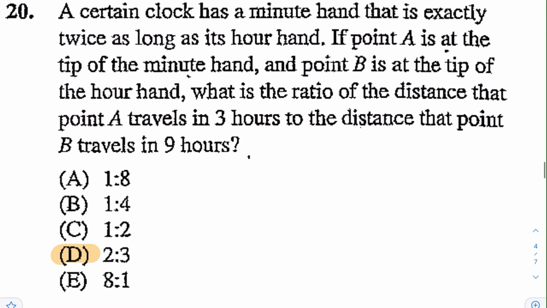Next for number 20. A certain clock has a minute hand that is exactly twice as long as its hour hand. If point A is at the tip of the minute hand and point B is at the tip of the hour hand, what's the ratio of the distance that A travels in 3 hours to the distance that point B travels in 9 hours? So you have a clock, which is a circle, and it has a minute hand that is twice as long as the hour hand.